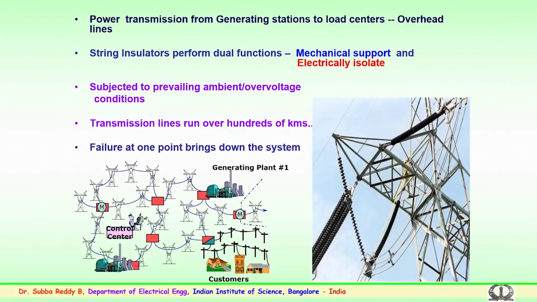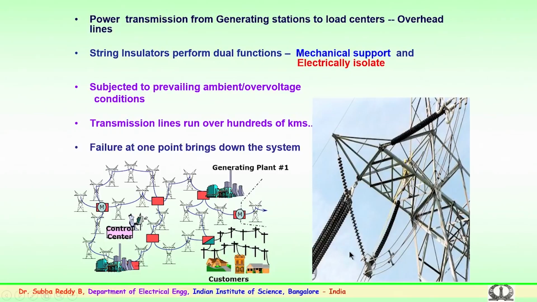So as mentioned, the power transmission from the generating stations to the load centers is essentially through overhead lines. When I am mentioning the string insulators, these are all the insulators. String insulators could be of ceramic or porcelain, glass, or a recent type, polymer insulators.